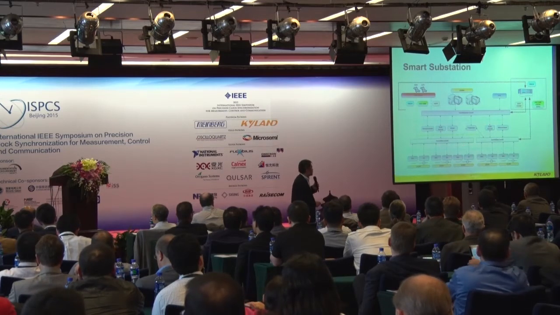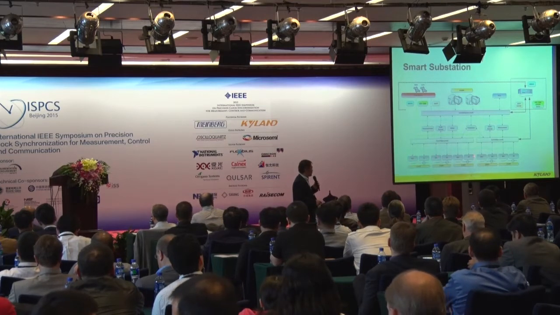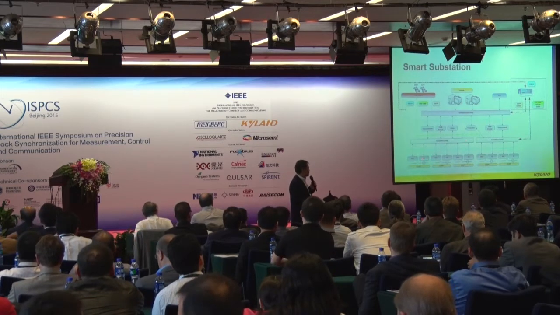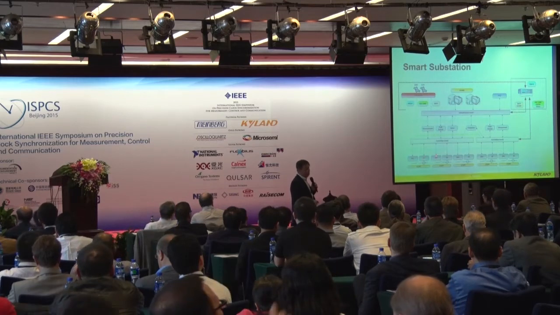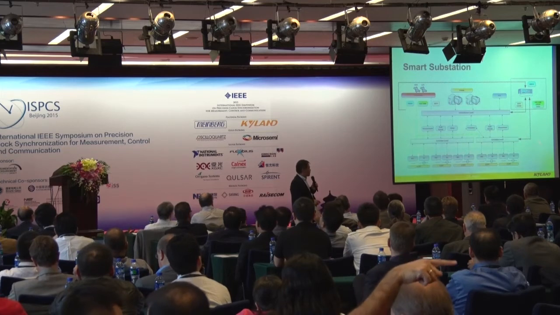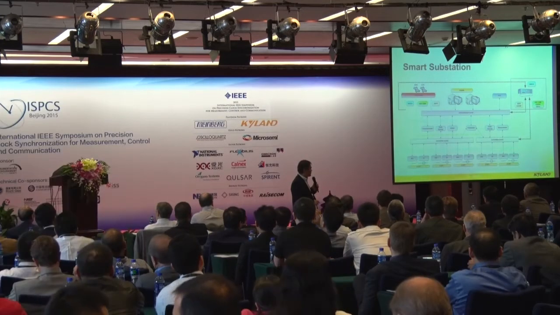For the process layer, we use lots of merging units, and all the sampling values come from here. For power, the sampling value rate is 4,000 times per second. So we must keep the time series of all the merging units synchronized.